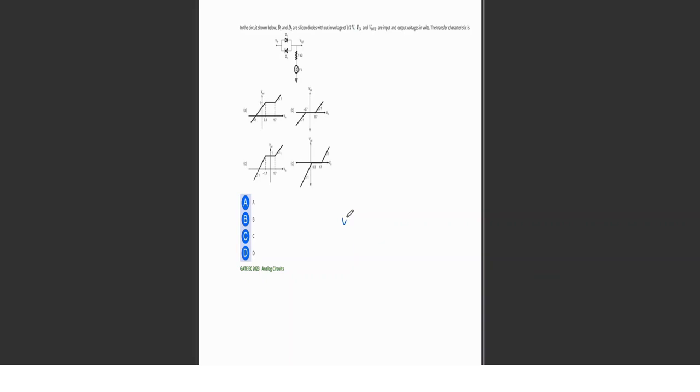Let's call the voltage across D1 as V1. V1 should be greater than 0.7, or V in minus 1, because there's a battery here with voltage 1 volt. So V in minus 1 should be greater than 0.7 for the diode D1 to conduct.